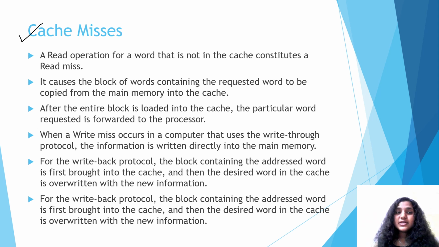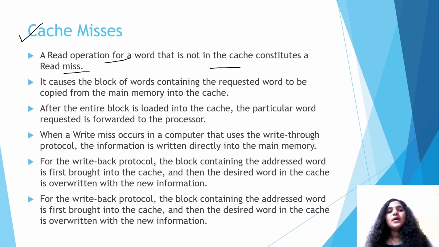A read operation for a word that is not in the cache constitutes a read miss. As I said, if the word is present, it is a cache hit. If it is not present, then it is a cache miss. It causes the block of words containing the requested word to be copied from the main memory into the cache.